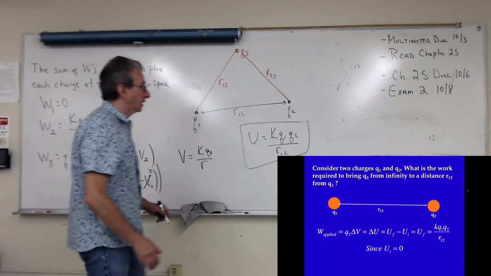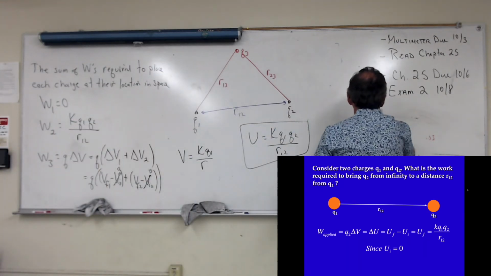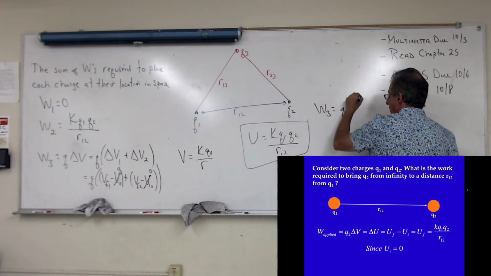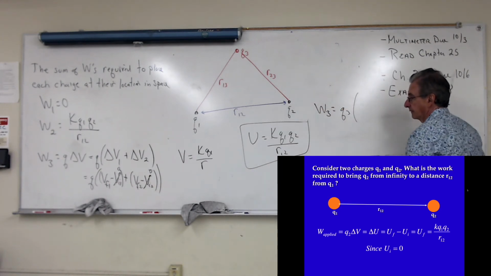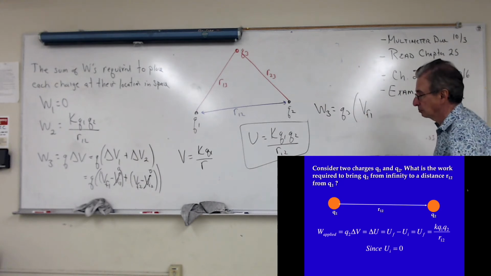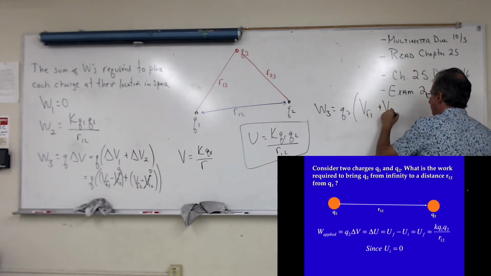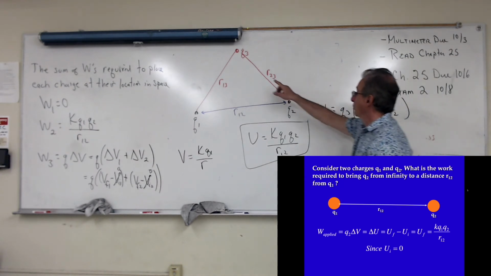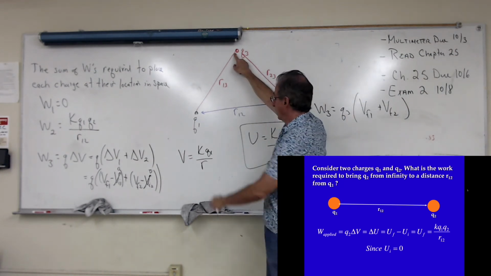The W3 then is Q3 times the final one plus the final two. The final one is the potential at this location due to this charge.